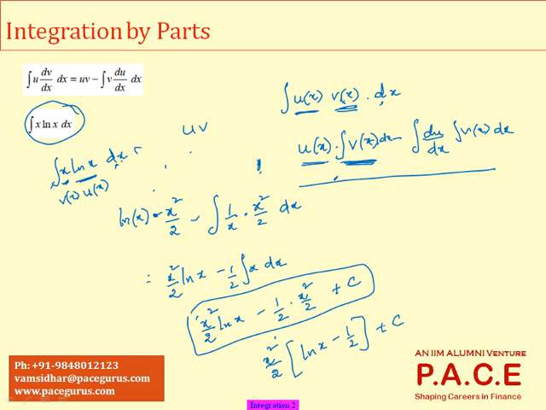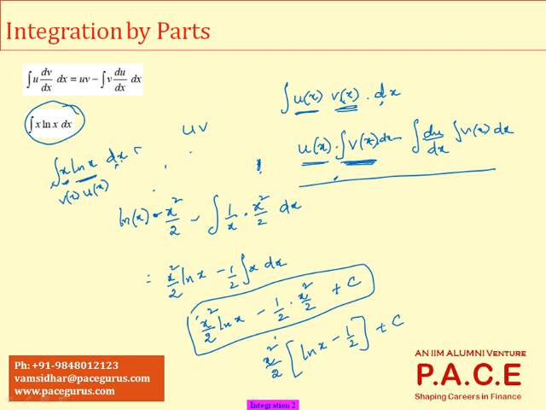After that, you can apply the formula as u of x into the integral of v of x, minus the integration of du by dx into the integral of v of x.